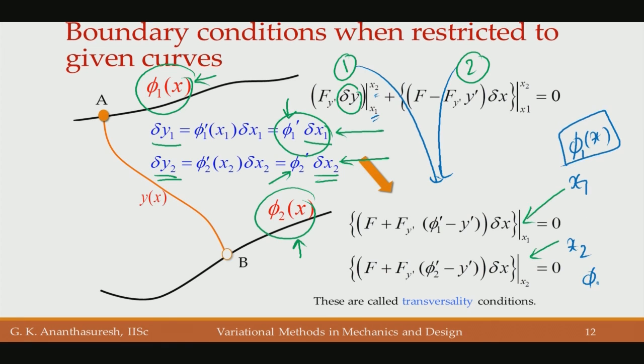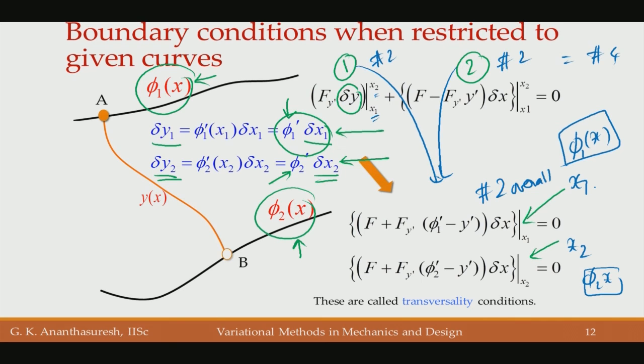Here the curve involved is phi 2 of x. Okay. 1 and 2 actually were at x1 and x2, there were actually 4 conditions, 2 conditions here, 2 conditions here, that becomes actually only 2 conditions overall. Okay. Here 2 plus 2, total 4 conditions are there, x1, x2 this condition, x1, x2 the other condition, 4.